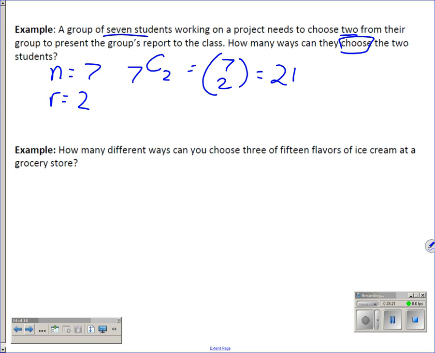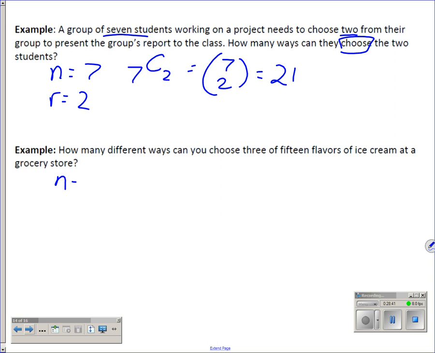Oh crap, I used the example from here. How many different ways can you choose 3 of 15 flavors of ice cream in a grocery store? Again, it doesn't matter to me taking those 3 flavors in any specific order. I just want like strawberry and chocolate and vanilla. I don't care which one comes first. I just want to take out those groups.